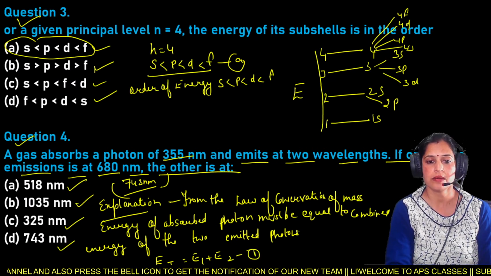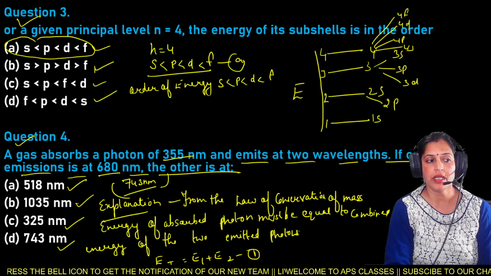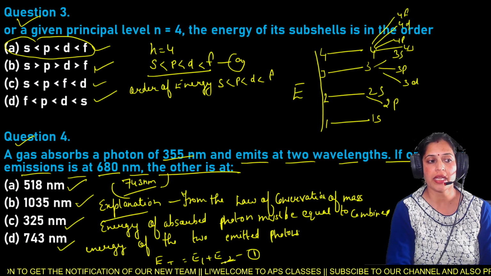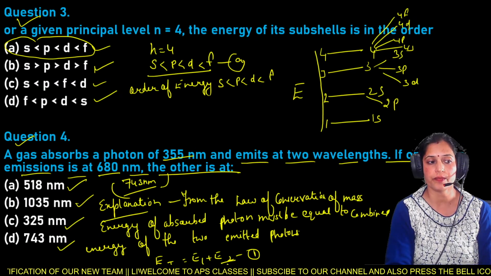This is equation 1, where E1 is the energy of the first emitted photon and E2 is the energy of the second emitted photon.